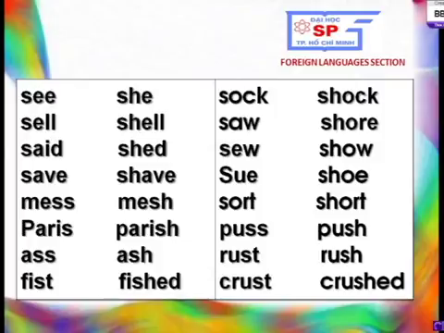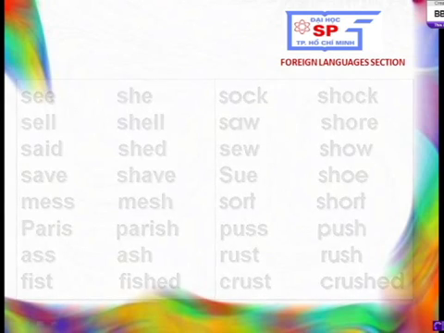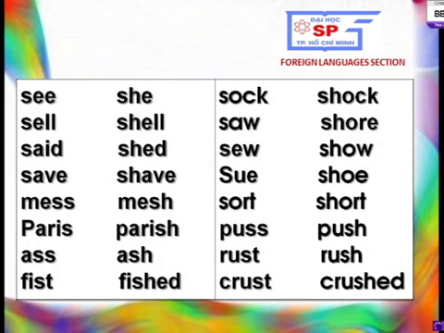Fished. Sock. Shock. Saw. Shore. Sew. Show. Sue. Shoe. Sort. Short. Puss. Push. Rust. Rushed. Crust. Crushed. Then next, please listen to the words and write down the words you hear.